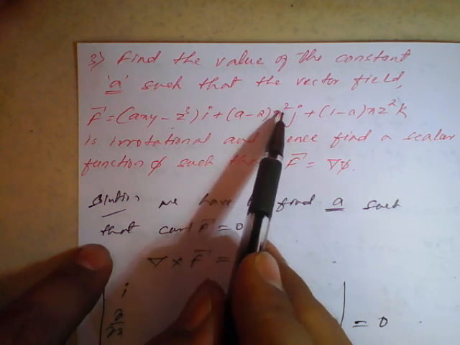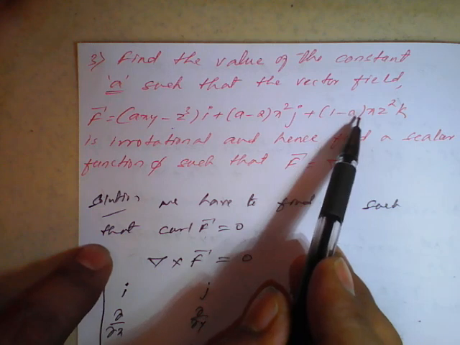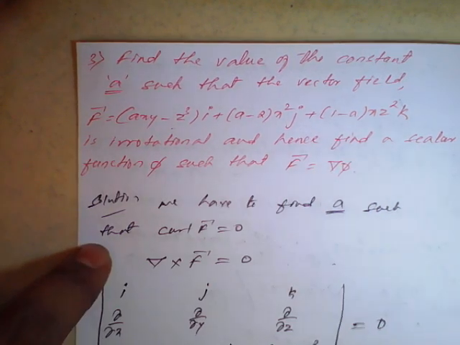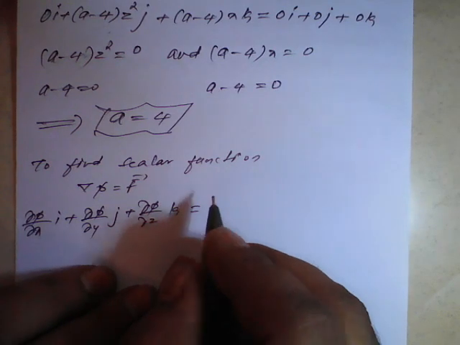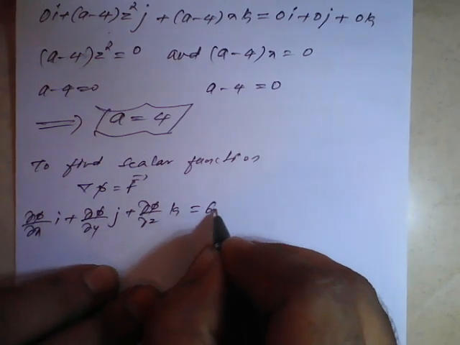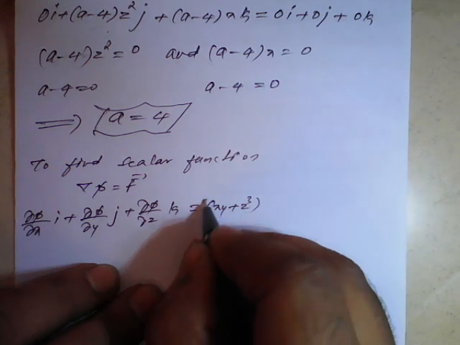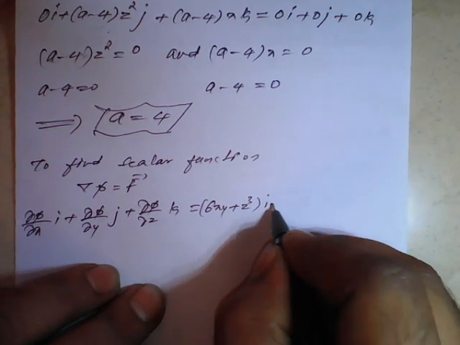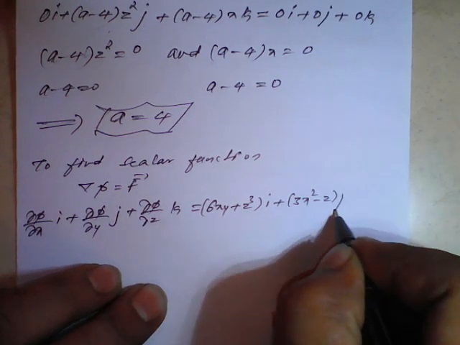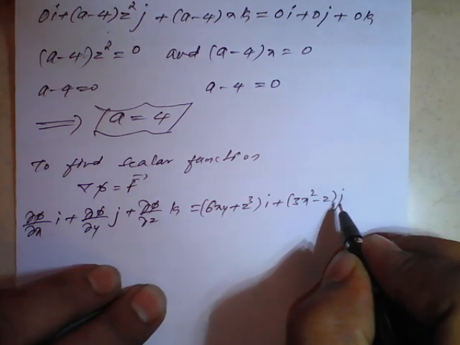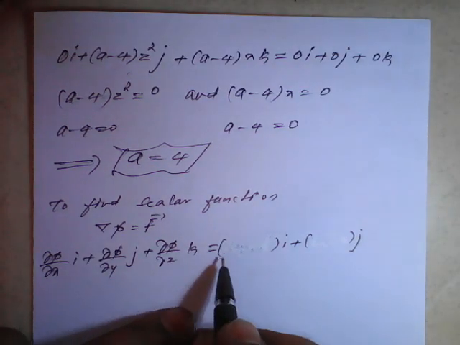When the value of a is 4, it will become 4xy minus z cube plus 4 minus 2, it will become 2x square of j, and 1 minus 4 it will become minus 3. So you need to apply the value of a. I will rewrite this one.